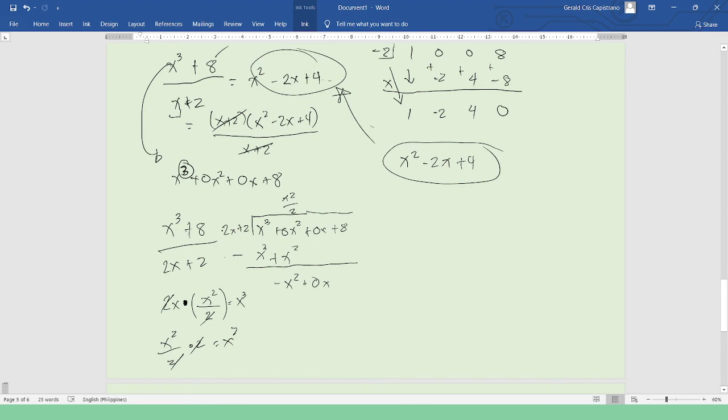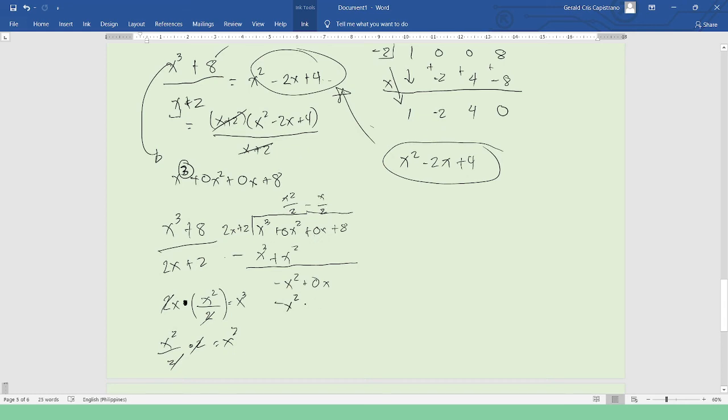Okay, so paano naman tayo magkakaroon ng x squared? Ganun lang ulit actually. So, magkakaroon lang tayo dyan ng negative x. Multiply lang natin sa 2. Negative pala dapat. So, we have there negative x squared. Multiply lang natin to sa 2.